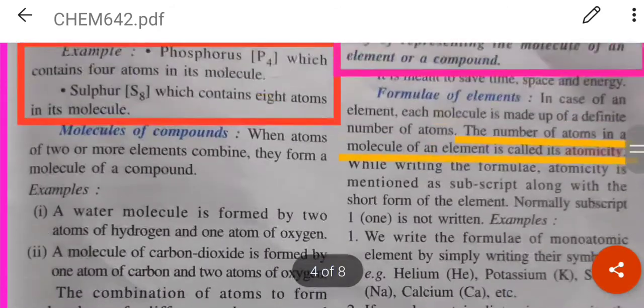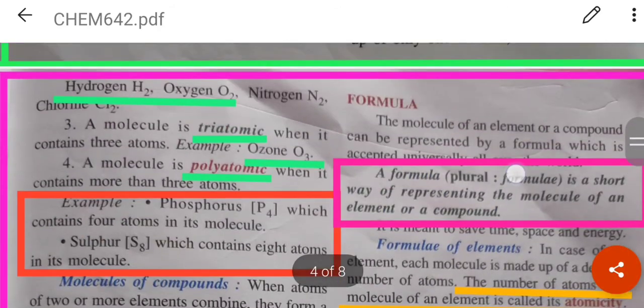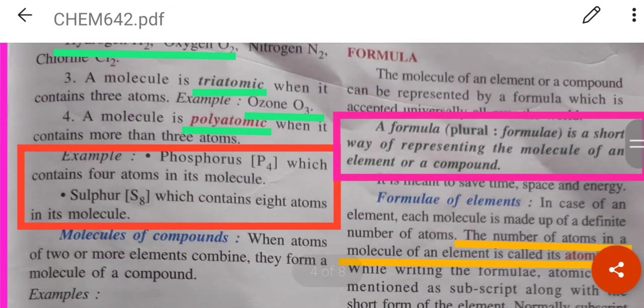Now, as I said you that we represent an element by a short form which is called symbol. Okay. Now let's move to formula. What is a formula? Plural is formulae. Okay. It is a short way of representing the molecule of an element or a compound.